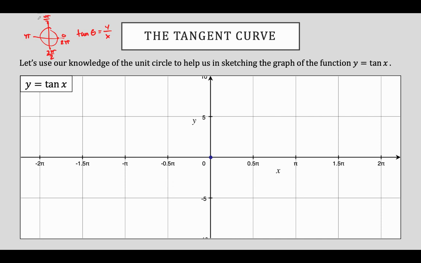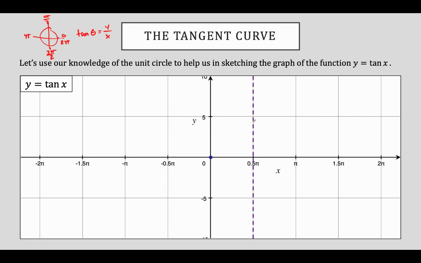Now, let's move to pi over 2. That's the same thing as 0.5 pi. If we evaluate the tangent of pi over 2, the y-coordinate is 1, the x-coordinate here is 0, and 1 divided by 0 is undefined. Now, whenever these trig functions are undefined, they are going to generate a vertical asymptote.